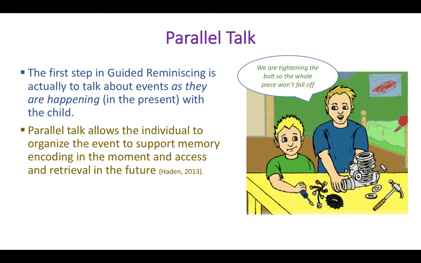Using language to mark and encode experiential connections in the moment can facilitate the child's ability to access and retrieve these as memories at a future time, and can help them retrieve richer and more accurate memories as well.